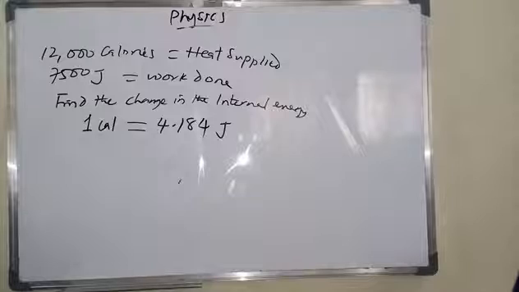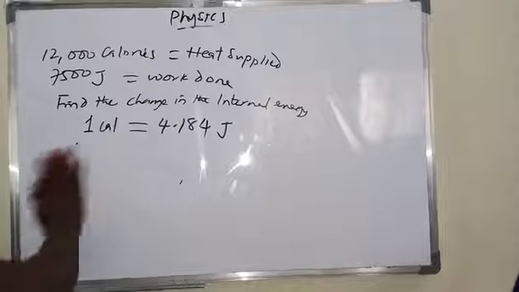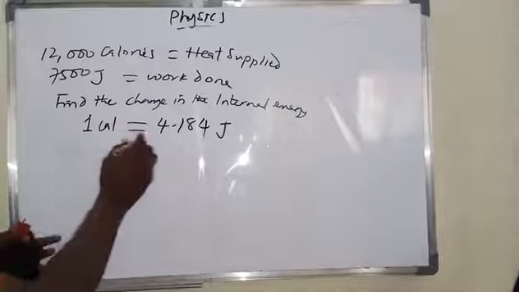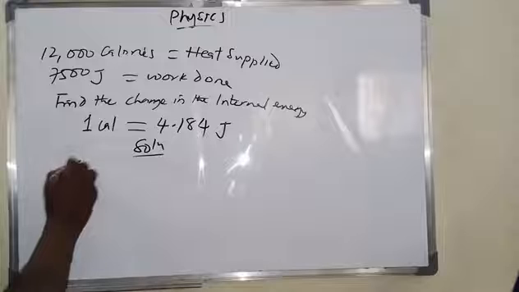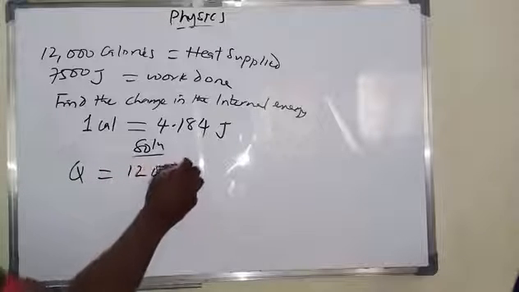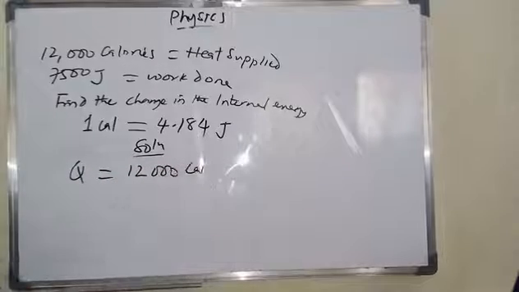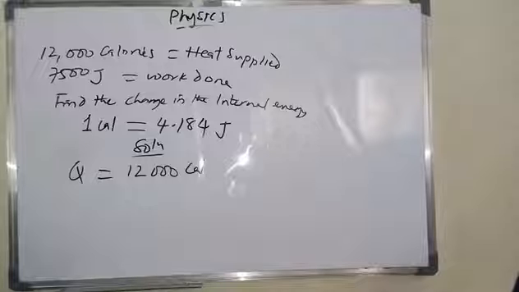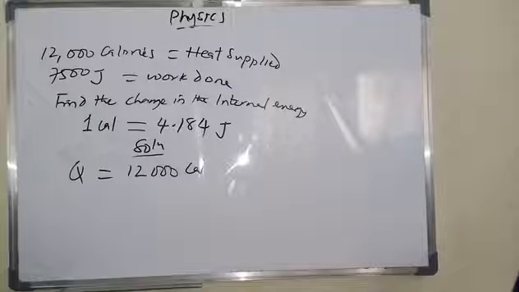So we have this particular process where a quantity of heat Q supplied is 12,000 calories. Calories are alternative units of heat. You can use joule, calorie, and others. So we are given a conversion factor.